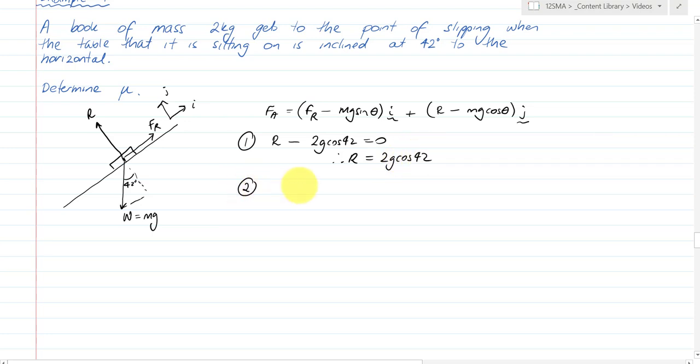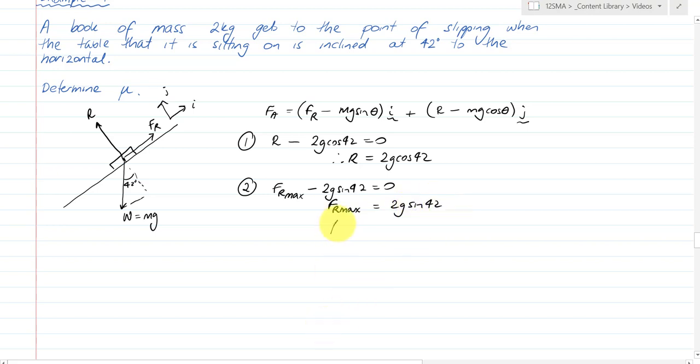And our second equation is that the frictional force, Fr, and this is now Fr max because we're at the point of slipping, minus mg sine theta, which is 2g sine 42, also equals 0, which means that Fr max equals 2g sine 42.